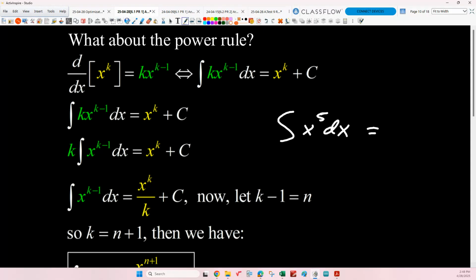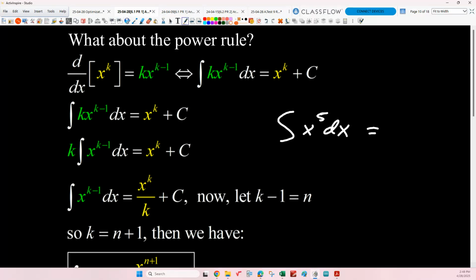So let's think of a way we could do this that's a little better. Well, one thing we could do is pull that k out in front of the integral. Everybody see that? I could divide each side of my equation by k, and I get this. Okay, that's a little better. But even then, my general formula is in terms of x to the k minus 1.